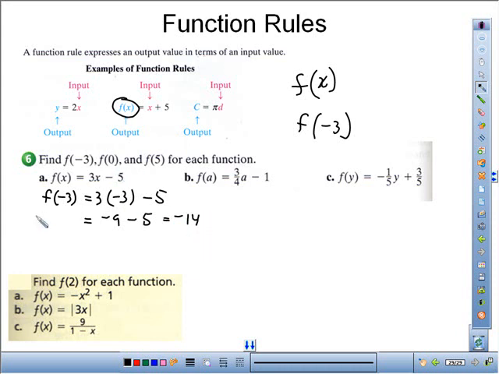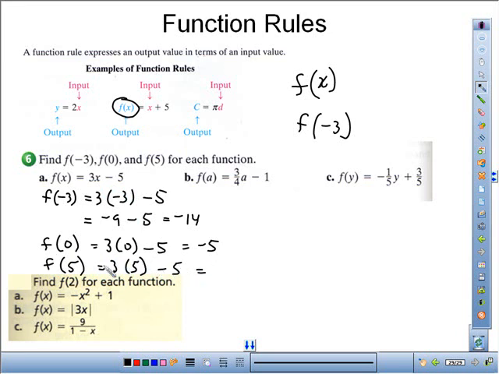Now f of 0. Instead of x here, we're going to plug in 0. So 3 times 0, minus 5, well, that's going to equal negative 5. Then the last one, f of 5, so for x, we're plugging 5, 3 times 5, minus 5.